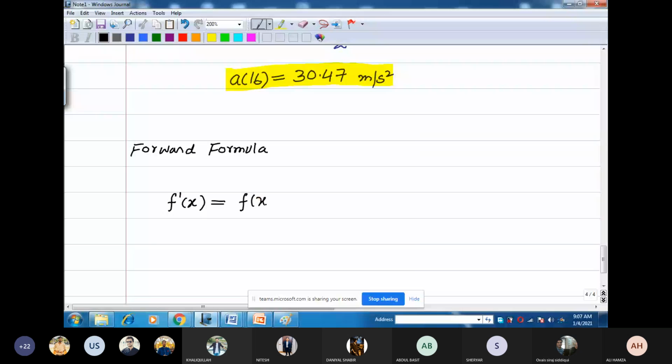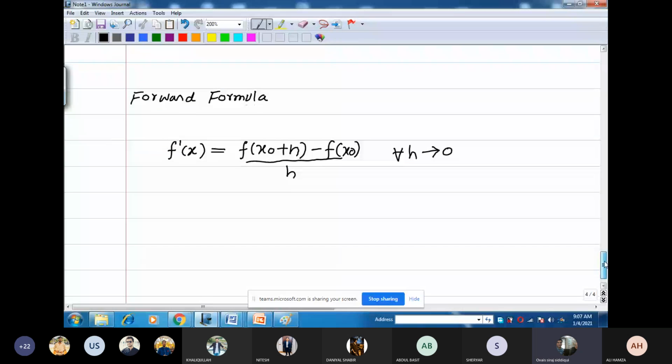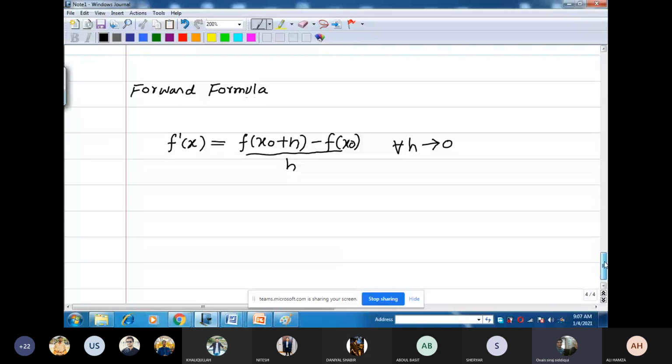f of x naught plus h minus f of x naught over h, for all values of h very small. This is actually called the forward difference formulation.